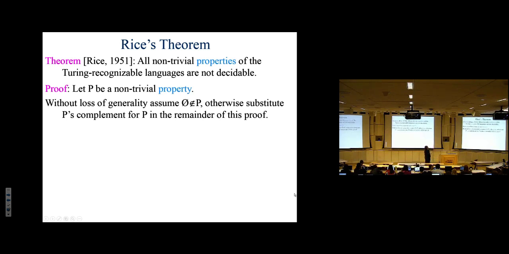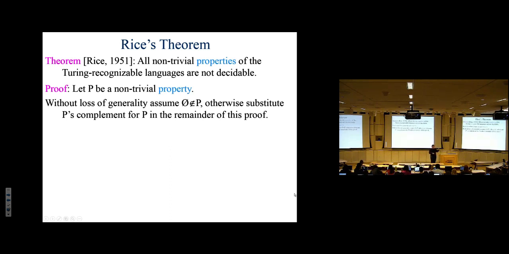All right, so without loss of generality, if the empty language is an element of the property that you've chosen arbitrarily, except those two trivial properties, if the empty language is one of those languages in your property, then prove what we're about to prove for the complement. I want the empty language not to be there. You'll see in a minute why I want it not to be there, because it'll make the proof work, basically.